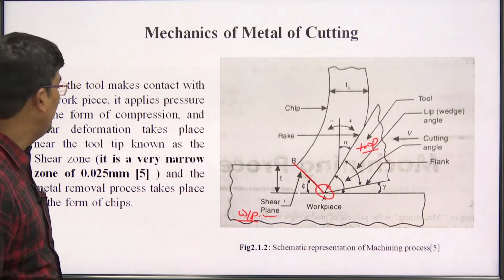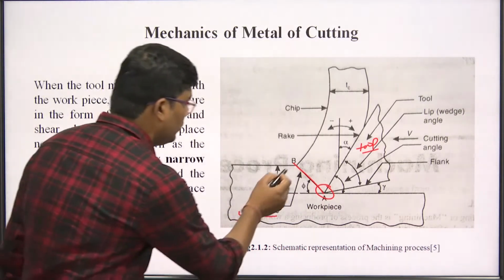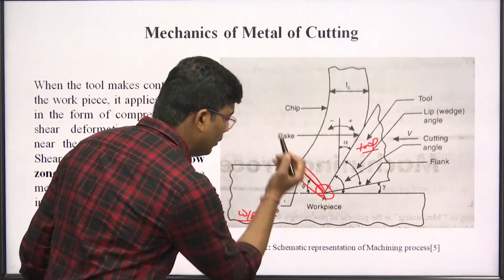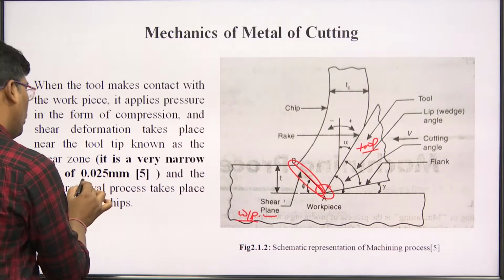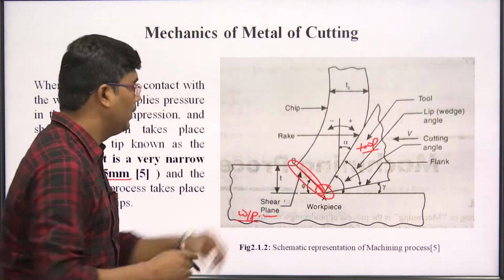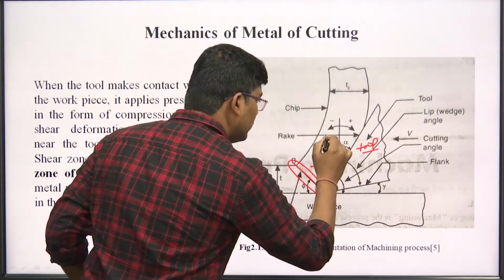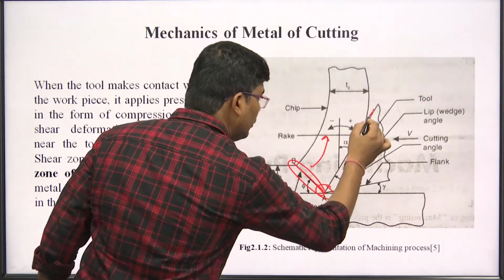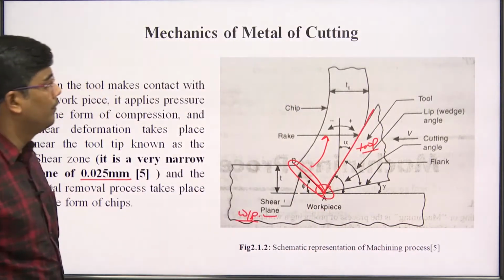The shear zone is a very narrow zone, its value is 0.025 mm, and the metal removal takes place from this area along this surface of the tool. Okay.